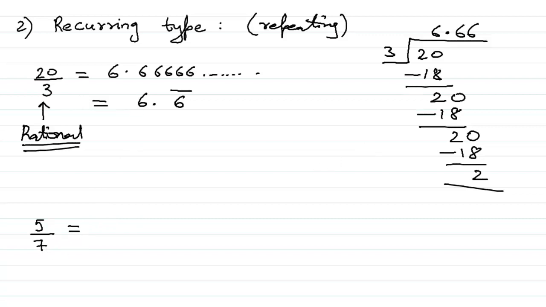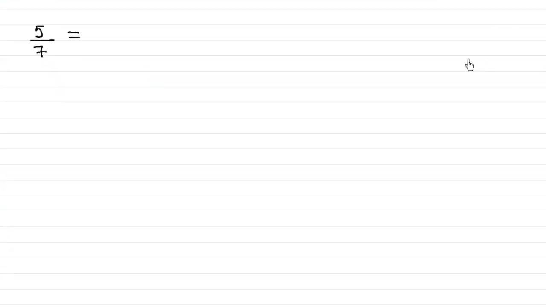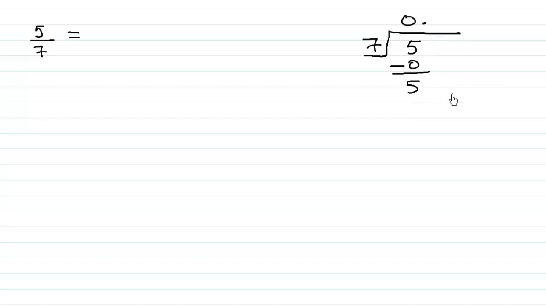But if we divide this, let's see what we get. So we have this 5 upon 7. So we start with 7 zeros are 0. Then we have this 5. We put a decimal point and 10 at one time. Then 7 7s are 49. And this time we get 1 as the remainder.